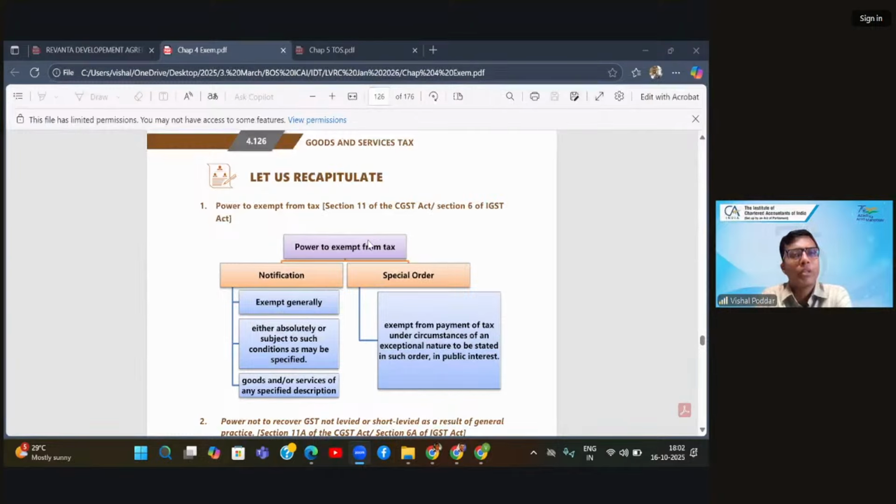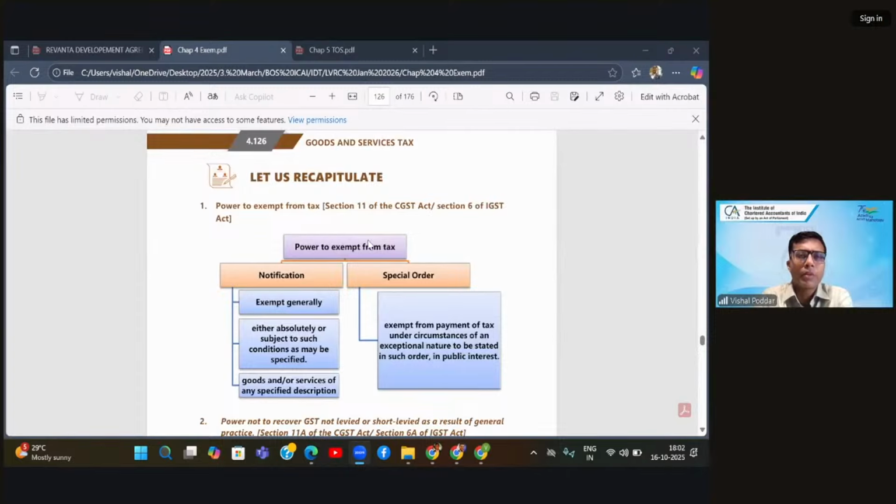Interestingly, if you see the arrangement of chapters, you find that sections 9, 10, 11, all these sections fall under the heading of levy. So somewhere the law has equated exemption with the levy of tax.